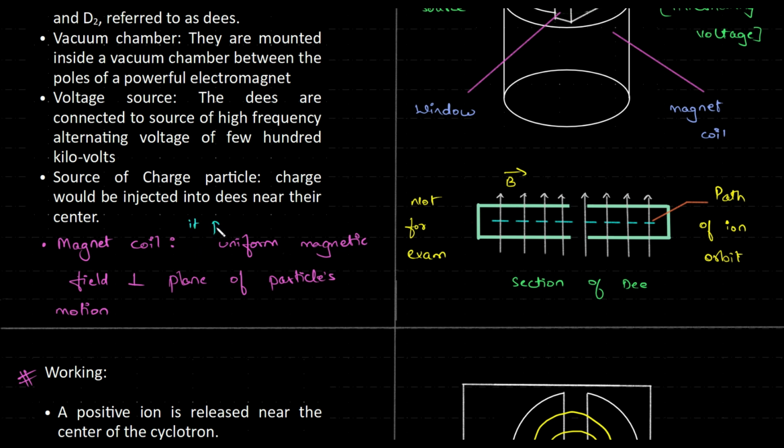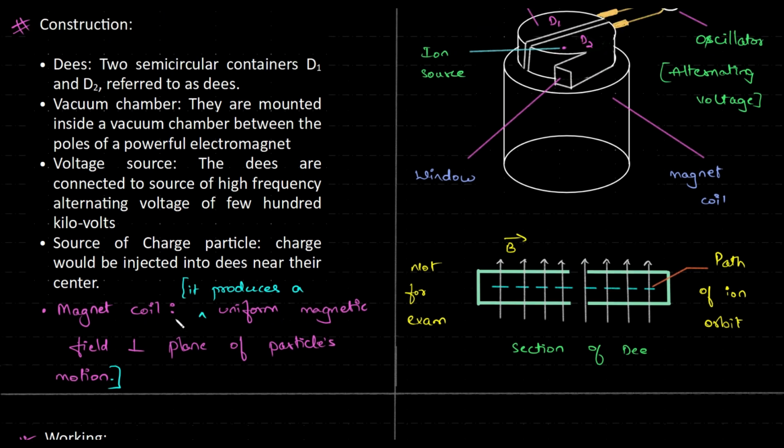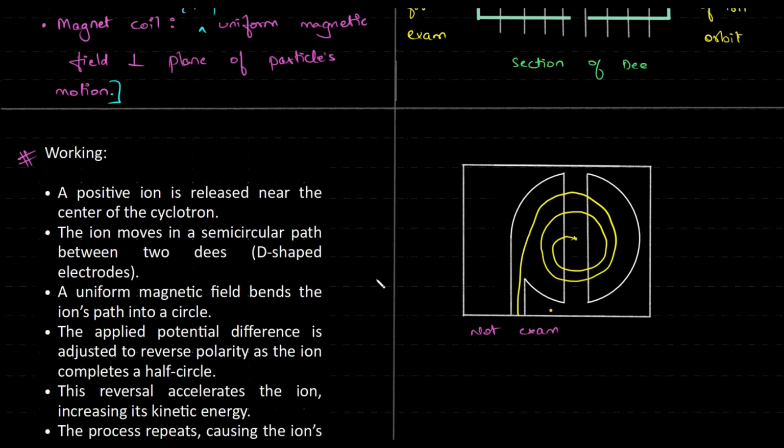It produces a uniform field from here till here. Okay, guys, so this is what you have to write about the magnet coil. Okay, and the working.